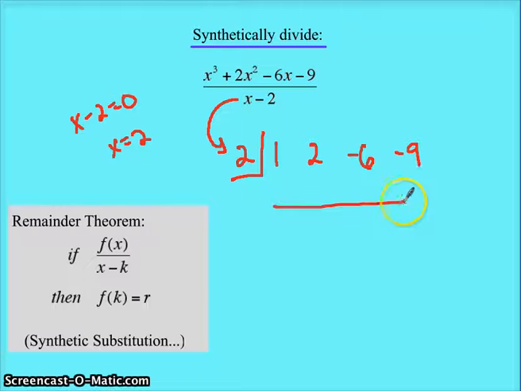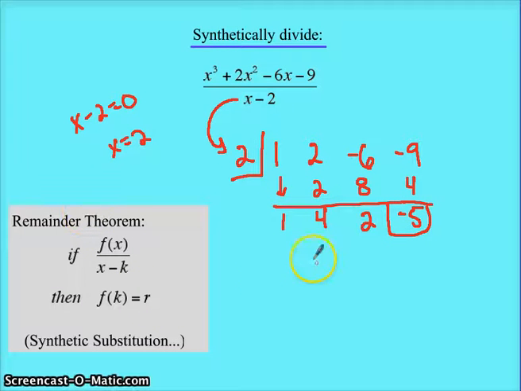If we went ahead and divided those two things, so drop down the 1, multiply by 2, don't forget to add, multiply again by 2, add them up again, and multiply again by 2, we end up with this negative 5. Now, if we were just doing synthetic division, we would call that x squared plus 4x plus 2, and we would add on this negative 5 as a remainder divided by x minus 2.